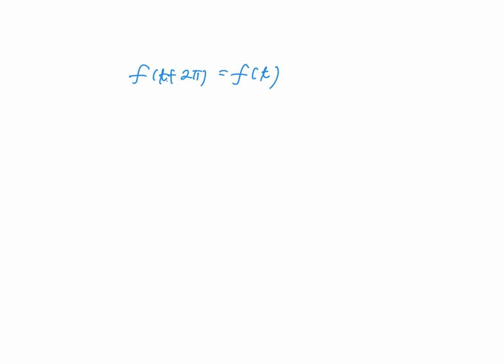So every 2 pi, if the value of f(t) is repeating itself, we call this a periodic function. And this is called a period.